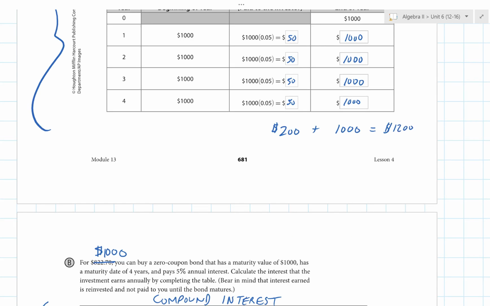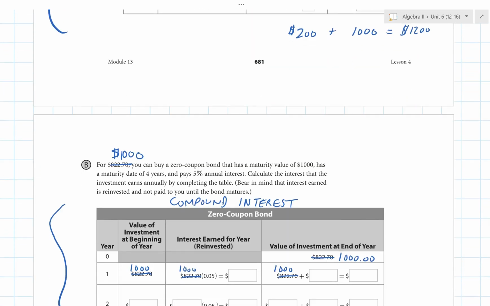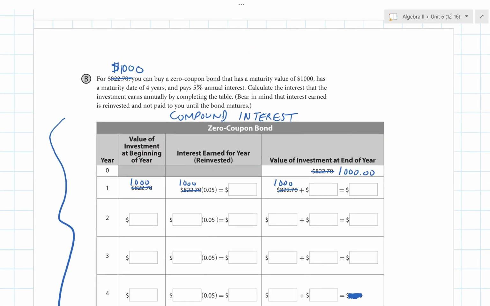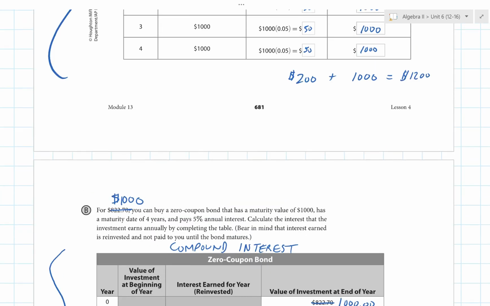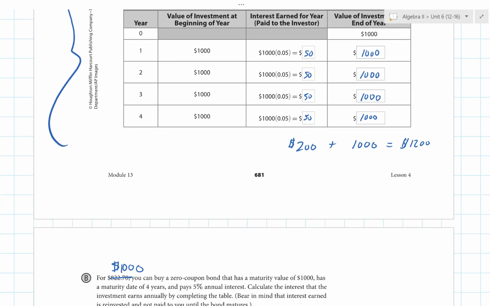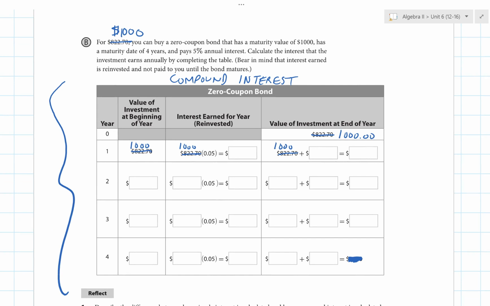So then go ahead and flip forward to the next page. We're going to change this example from your book slightly just to compare it to the $1,000 investment that we made in the first example. So this time we're going to again invest $1,000, so you can cross off the numbers that are in your book and replace them all with $1,000.